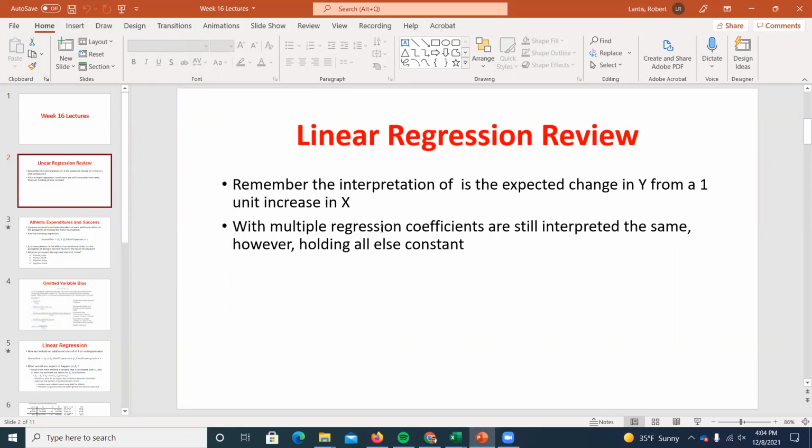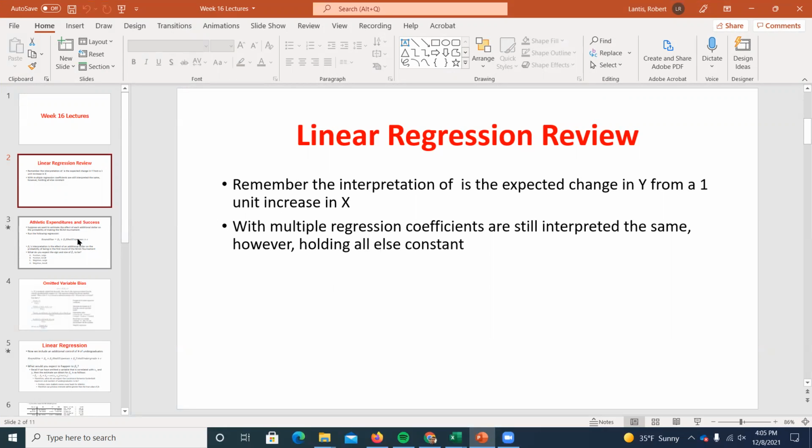So, if we remember our general interpretation for our coefficients, it's that a 1 unit increase in our X variable causes the predicted value of Y to change by whatever that coefficient estimate is. Okay? And then with multiple linear regression, it's the same thing. We just add in holding everything else that we included on the right-hand side constant.